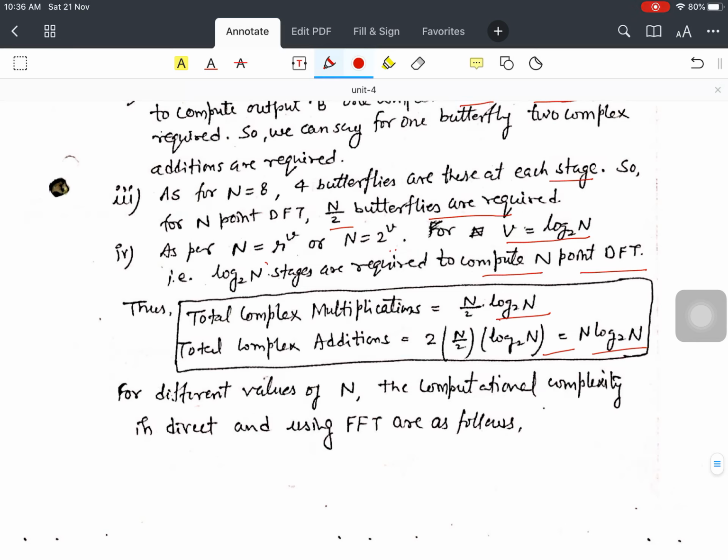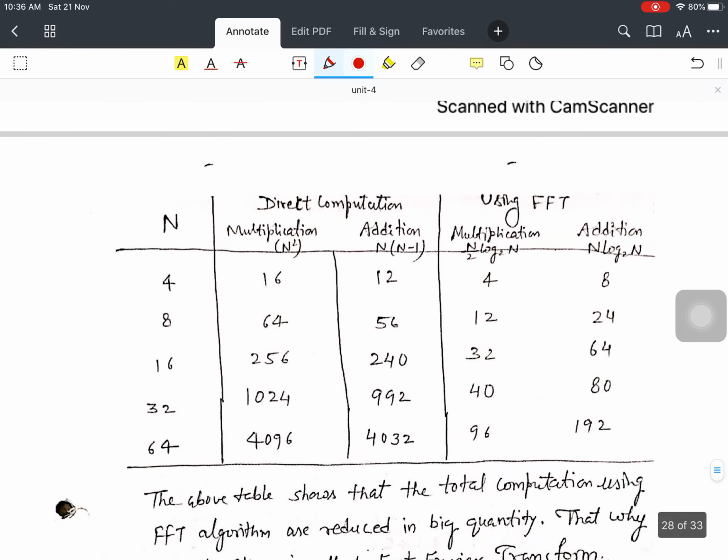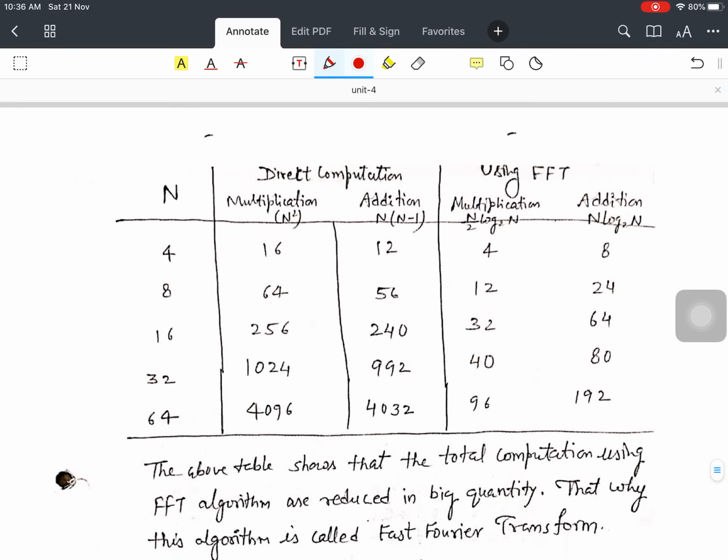Okay. So for different values of N, the computational complexity in direct and using FFT are as follows. You can see the comparison over here. If we are using N equal to 4, in direct computation you require 16 multiplications and 12 additions, but using FFT you require only 4 multiplications and 8 additions.